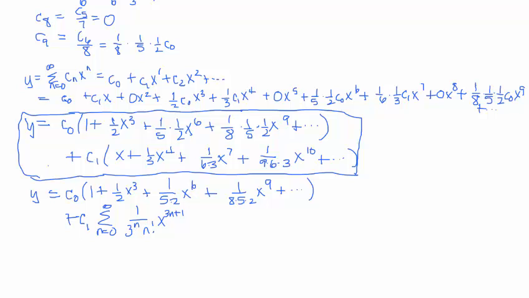I'll get 3 cubed times 3 factorial, which is the same thing here. If you write this all as products of 3, this would be 3 times 3, 3 times 2, 3 times 1. So that's the same thing as 3 squared times 3 factorial, and x to the 10th, right? So this is another way that you could write your answer.